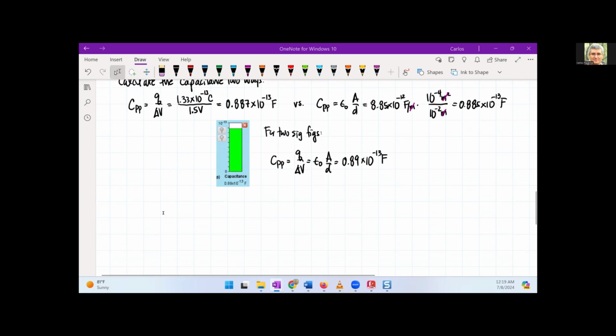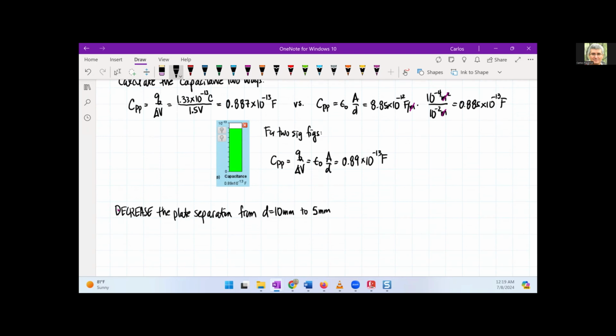So now I want to decrease the plate separation from d equals 10 millimeters to 5 millimeters.